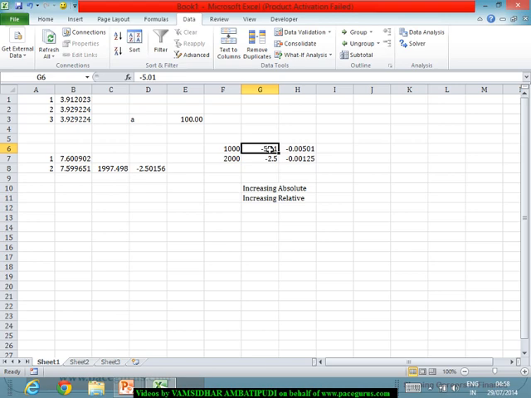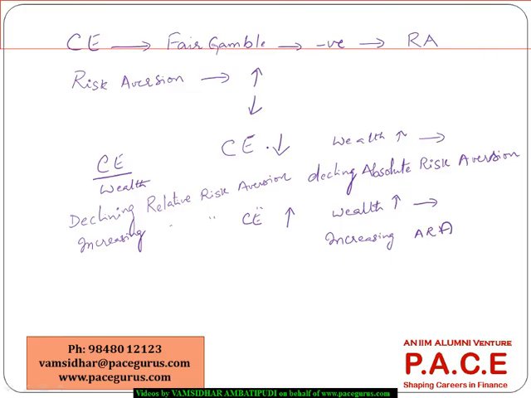So at least for this example we see that both absolute risk aversion as well as relative risk aversion levels, both of them are showing an increasing kind of a pattern itself.